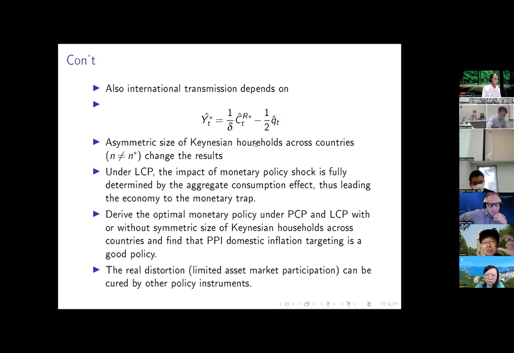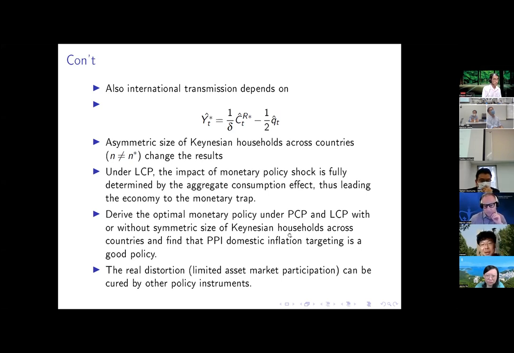And the paper explains many results, and I think 11 propositions. And in particular, they look at different specifications. So what happens when the size of Keynesian households is different across countries? And what happens under local currency pricing? And what happens for the optimal monetary policy under PCP and LCP.